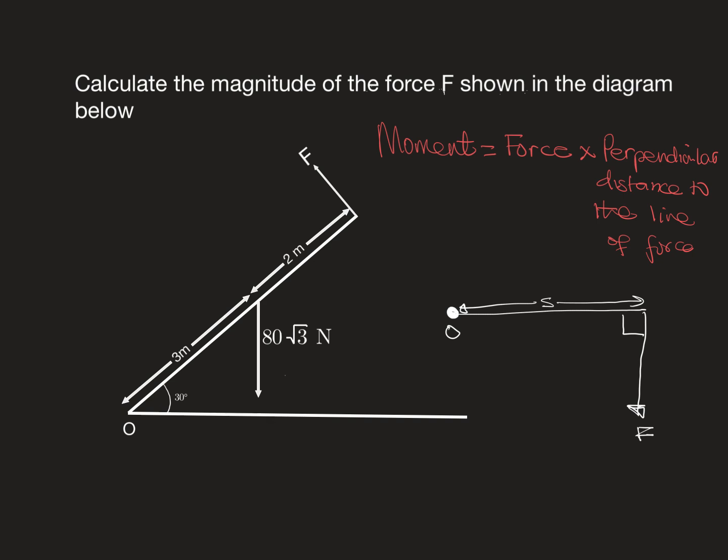So we have a situation here which demands resolution. We need to find the force that is exactly at 90 degrees to the distance. We can do this by resolving and finding that perpendicular force.